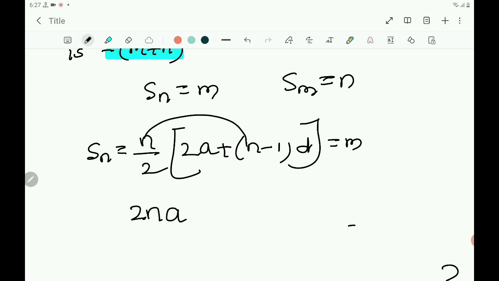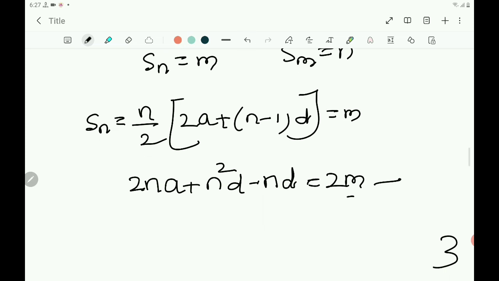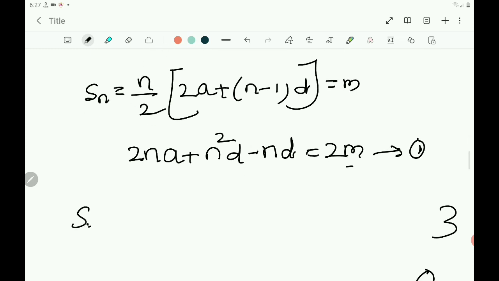Then n into n d is n square d, plus n into minus 1 into d is minus nd, equals, transferring the 2 to the RHS, 2m. Consider it as first. Then you write the formula for Sm.